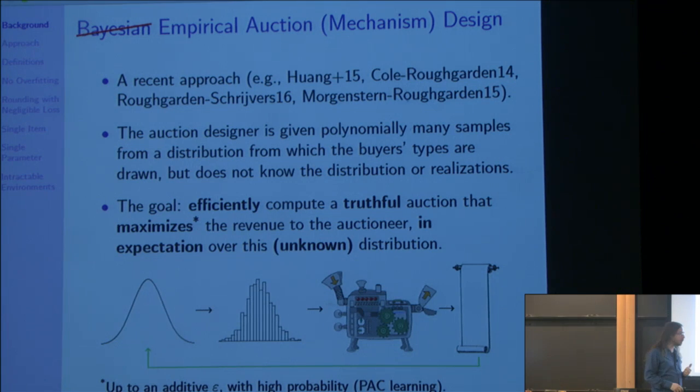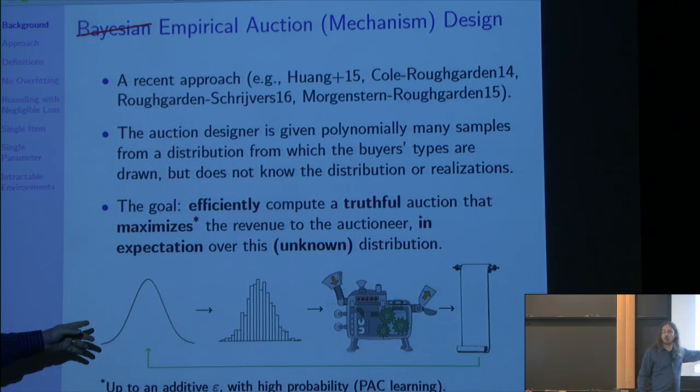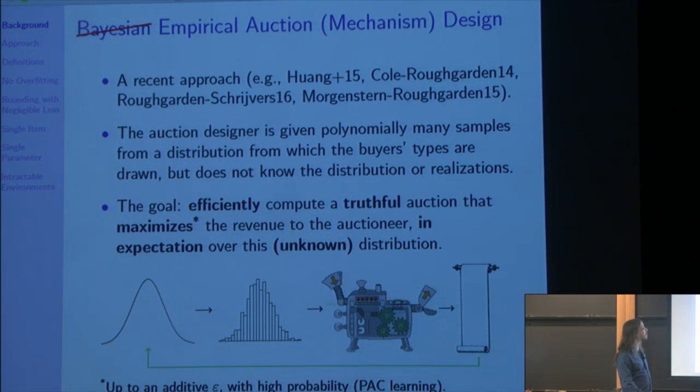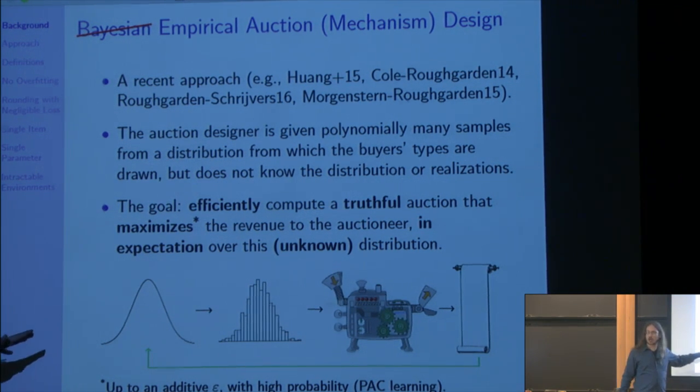Output a truthful auction. And this truthful auction should approximately maximize revenue in expectation over the distribution that you don't know, that you've only seen samples from. So this is what's called empirical auction design versus Bayesian auction design.